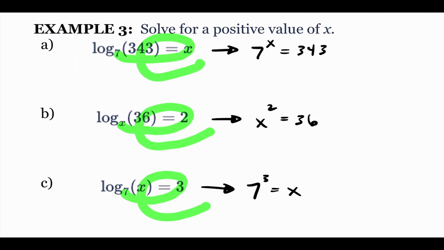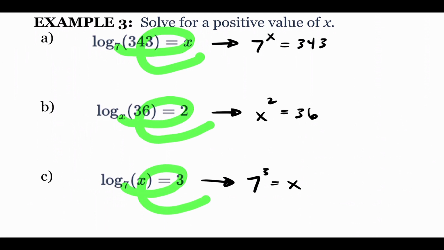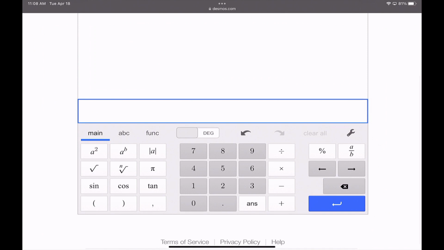Okay. 7 to what power makes 343? Let's see. 7 squared is 49. Let's try 7 to the third power. Yep, 343.